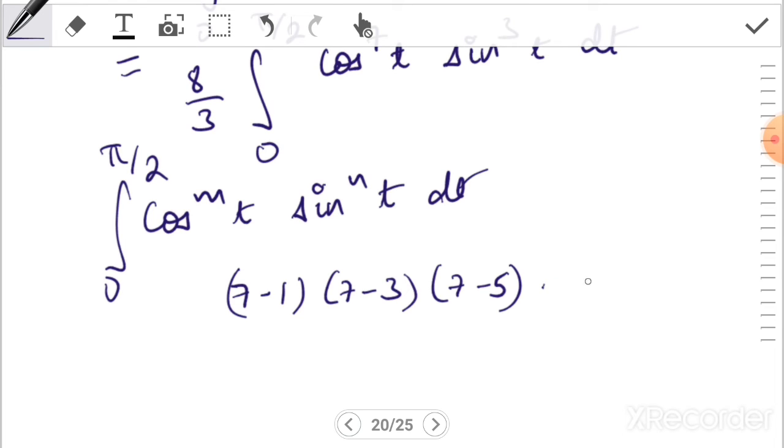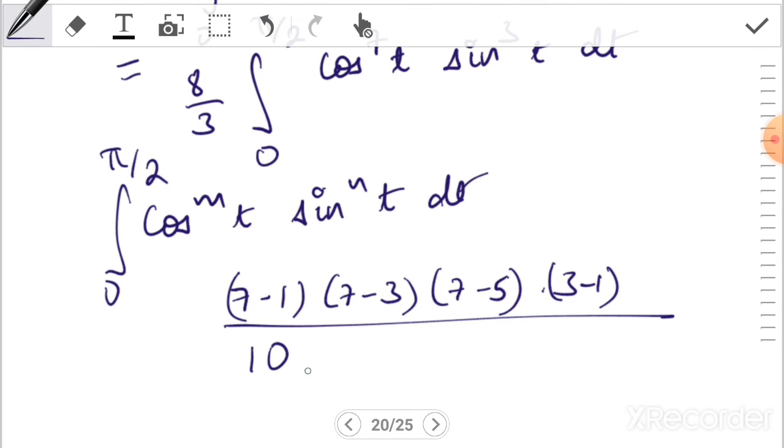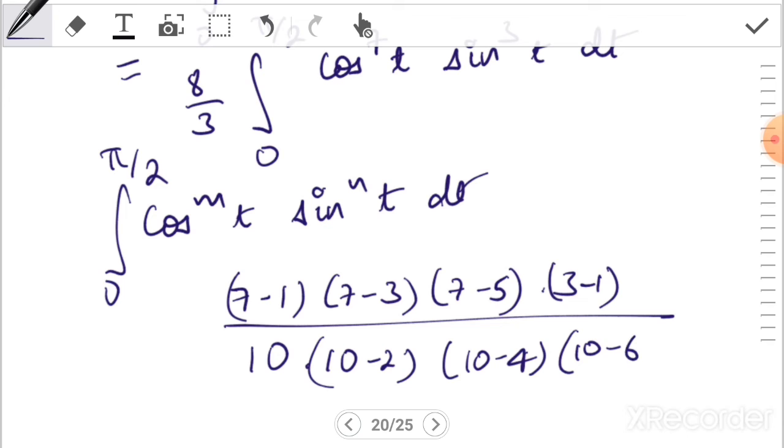So now n minus 1, so 3 minus 1, and we can't take 3 minus 3. That will again make the numerator 0. Now the denominator part is 7 plus 3, 10. So 10 minus 2 into 10 minus 4 into 10 minus 6, 10 minus 8, and that's it.